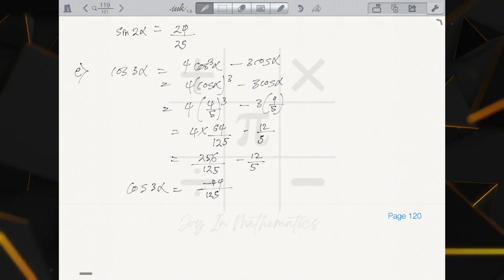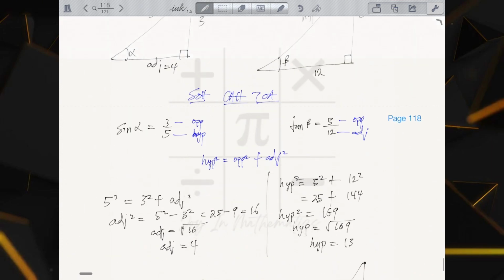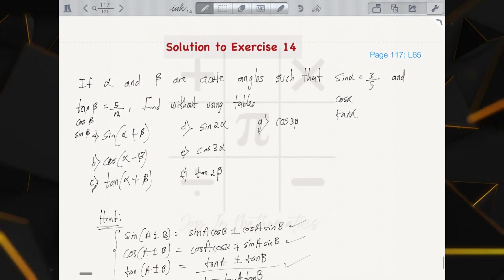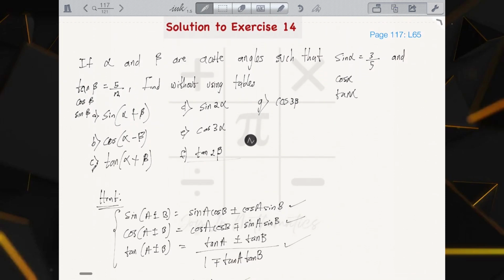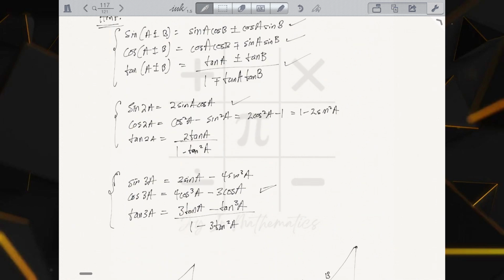So 2 more questions to go. Let's proceed. Now we want to simplify the 6th question, which says we should simplify tan 2 beta. Tan 2 beta, in this case, we're going to apply tan 2a, and tan 2a equals 2 tan a divided by 1 minus tan square a.